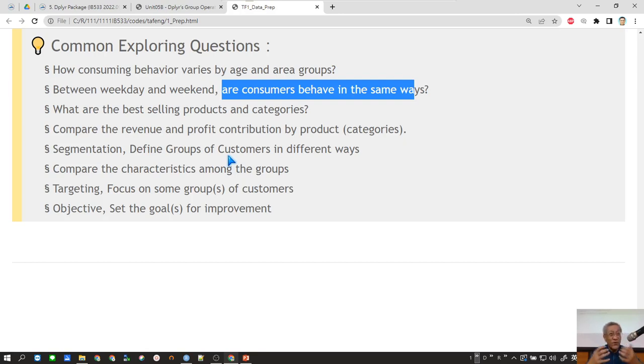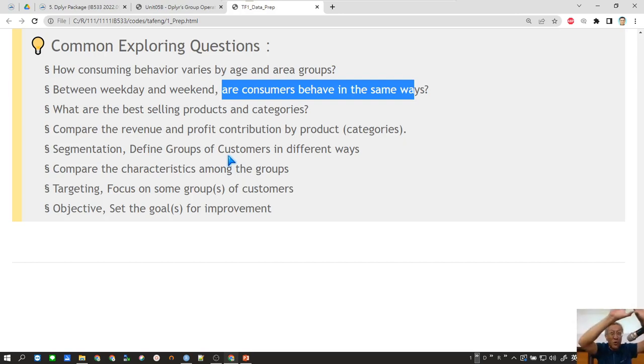So the first thing of business analytics is to do group categorical statistics and group comparison, right? First of all, in a holistic view, you want to see the summary of your business, right?